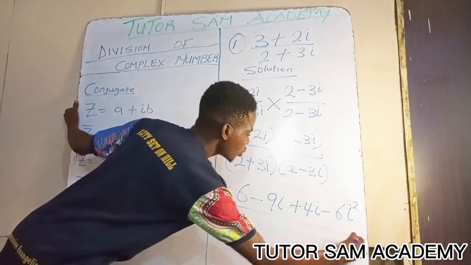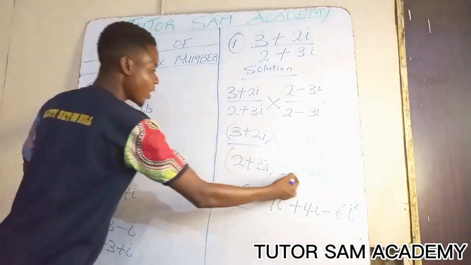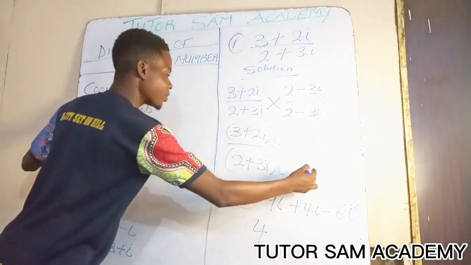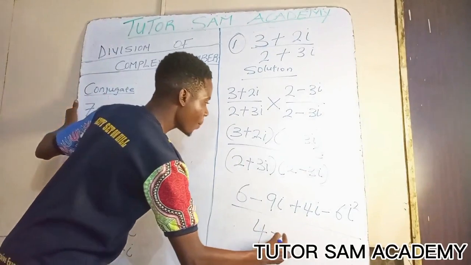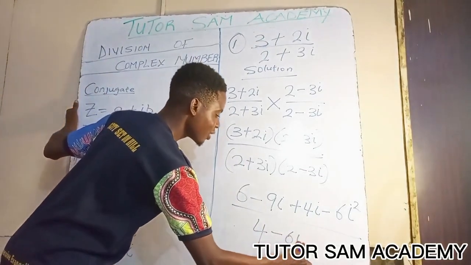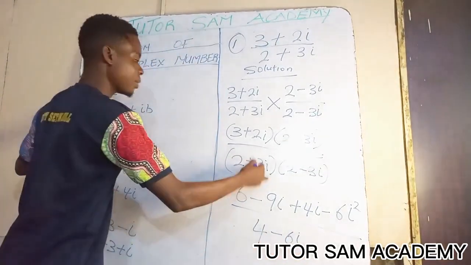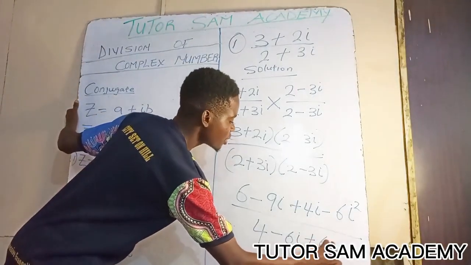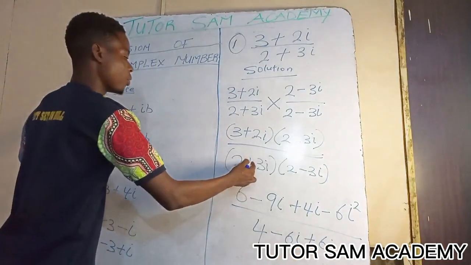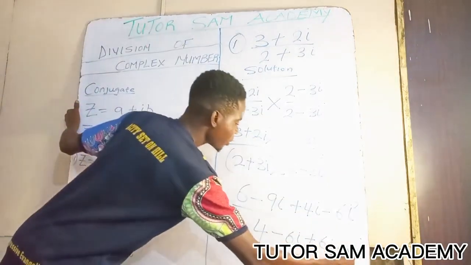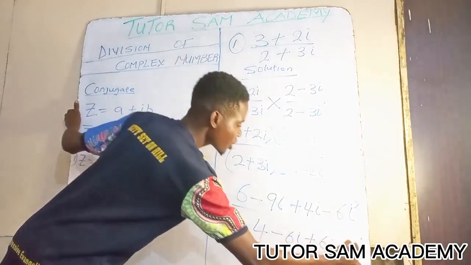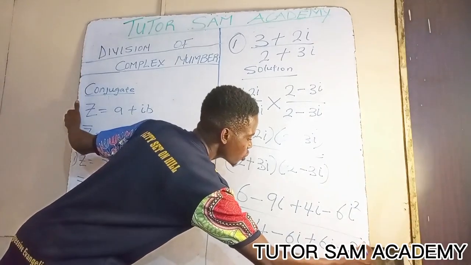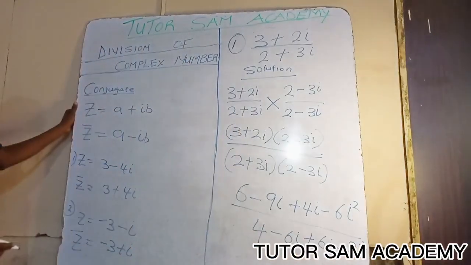So for the denominator, 2 multiplied by 2 gives us 4. 2 multiplied by minus 3i gives us minus 6i. 3i multiplied by 2 gives us plus 6i. Plus multiplied by minus gives us minus, 3i multiplied by 3i gives us 9i squared. Do we understand to this point?